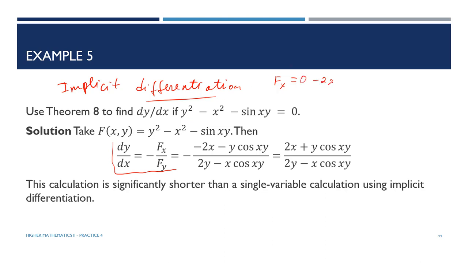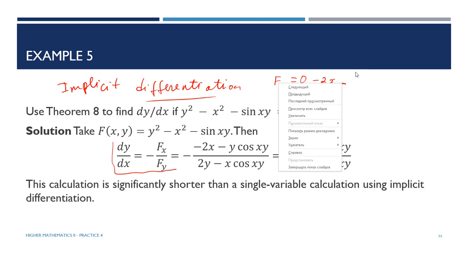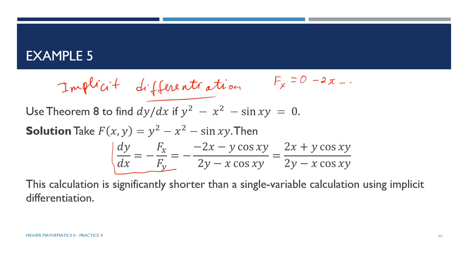Here we have y squared, its derivative is 0, minus 2x, minus the derivative of sine gives me cosine, and the derivative of xy gives me y times cosine xy. And the derivative of f with respect to y gives me 2y minus 0 minus x, the derivative of sine is again cosine xy. So I have to put this expression here and that expression here. If you look, this calculation is significantly shorter than a single variable calculation using implicit differentiation.